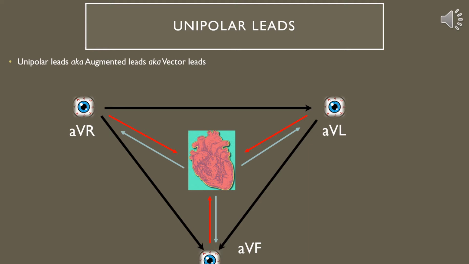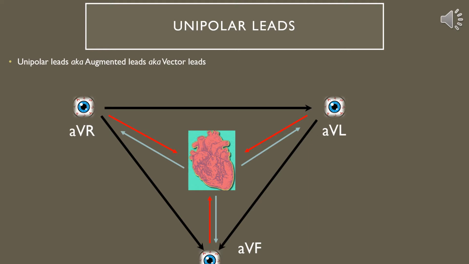So these 3 new EKGs are able to provide a perspective from looking at the bottom of the heart, and diagonally from the left and the right of the heart, which provides 3 more perspectives of evaluating the heart. These leads are automatically augmented by your EKG machine, which is why they're referred to as augmented leads.